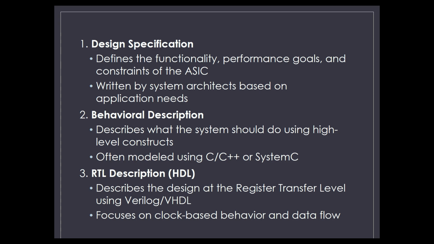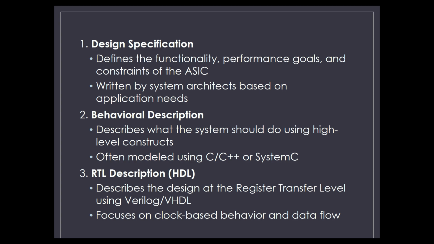This can range from a simple chip which is just used to add two numbers to a complex chip such as a processor. These are written by system architects based on the application need. That is, a chip in your smartphone will have a different set of requirements than a chip which is used in a washing machine. Both of their applications are different, hence they will have different specifications.